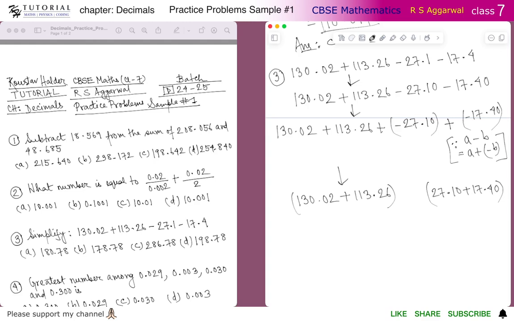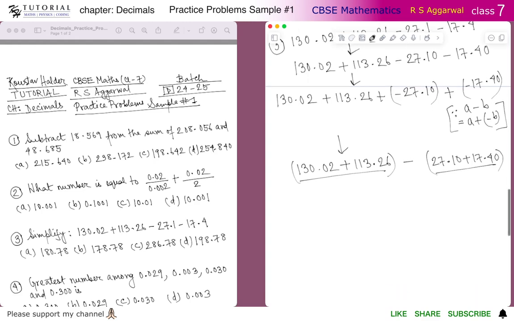I have collected all the negative decimals and added them without their sign, and the positive decimals I have collected at one place, and I will subtract this. So this is now the simplified version of the evaluation I will do.